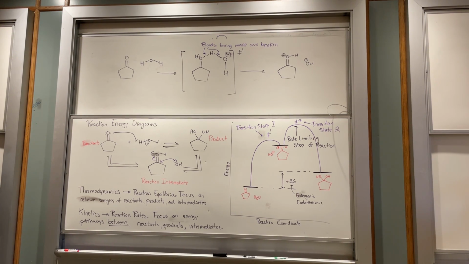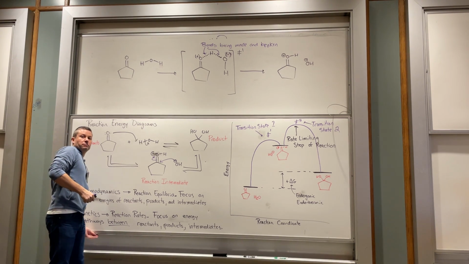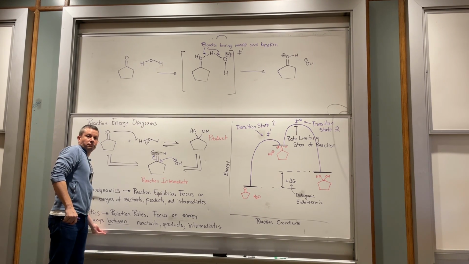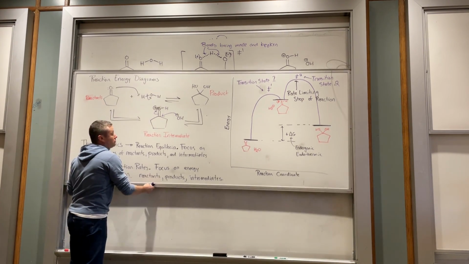So why is it easier to pluck a proton off of a molecule than it would be to form a carbon-oxygen bond? So yes, the intermediate has more branches if you see. Maybe that increases the strain there.